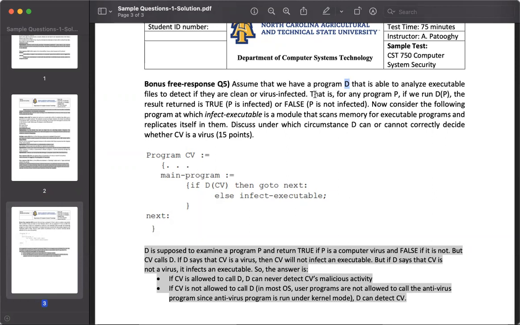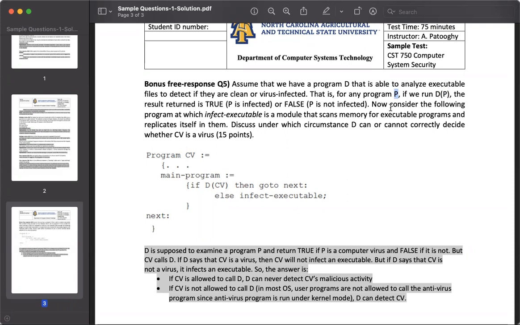So if we pass something to D, for example D of P, D takes program P and says if P is clean or not. If P is a clean executable file, D returns true, otherwise D returns false, meaning that P is infected.